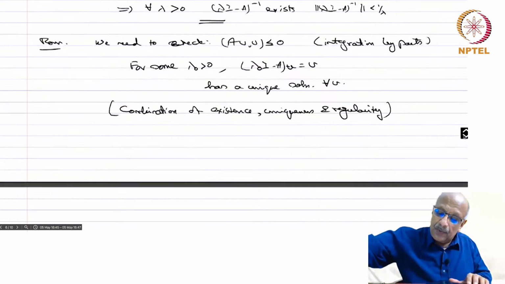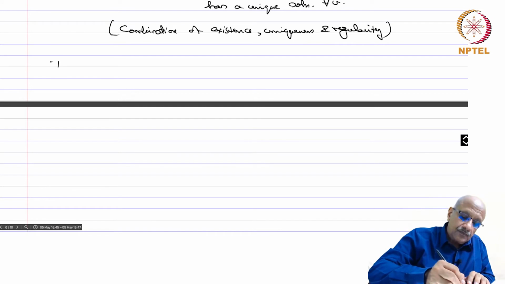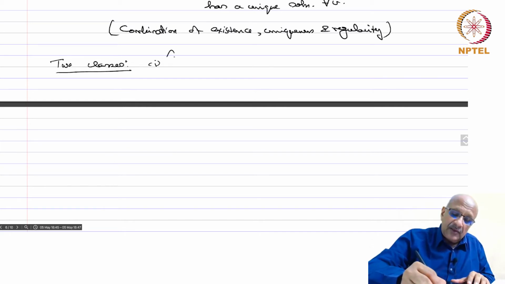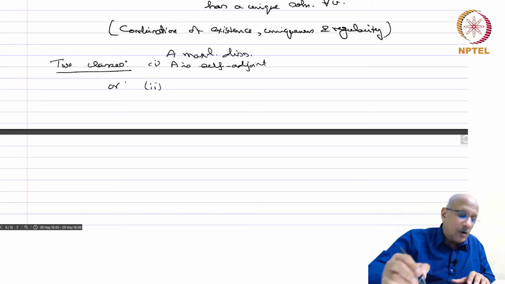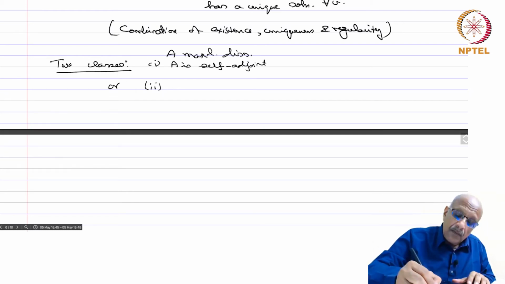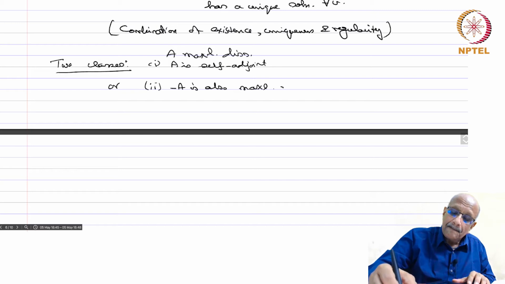So, there are two important classes. A is maximal dissipative, then one, A is self adjoint, or two, minus A is also maximal dissipative.